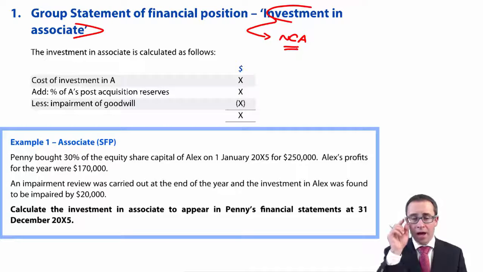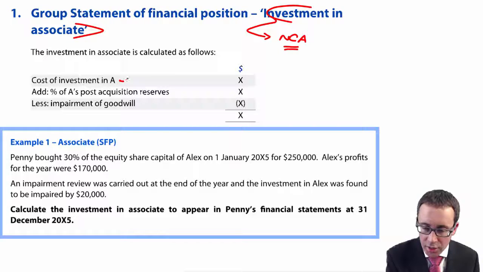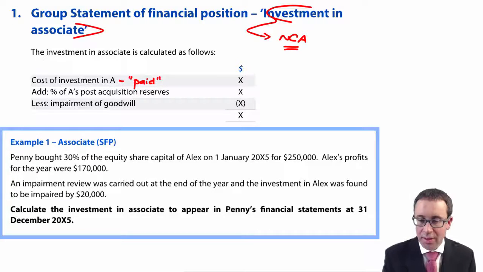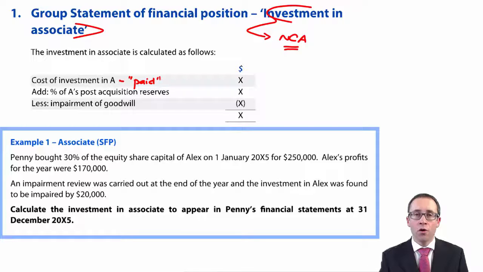Okay, and what you do is you take the cost of the investment, so essentially to you and I, that's what you've paid. So that's what you see in the individual parent accounts before you equity account for the investment. And all we do there is we just add on our share of A's post-acquisition reserves, and then we deduct any impairment that there may be. Okay, so maybe there's been bad news about the associate that we have.